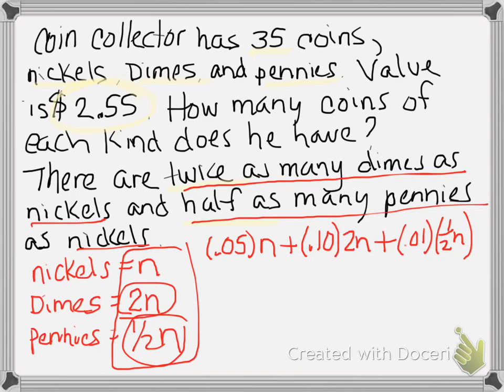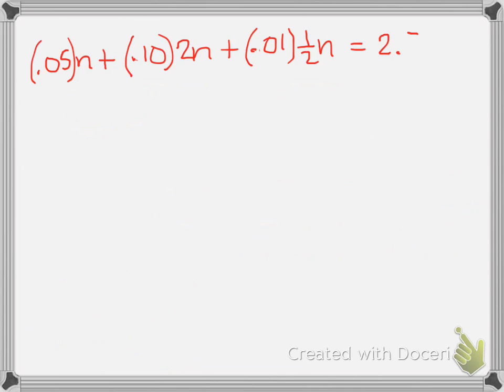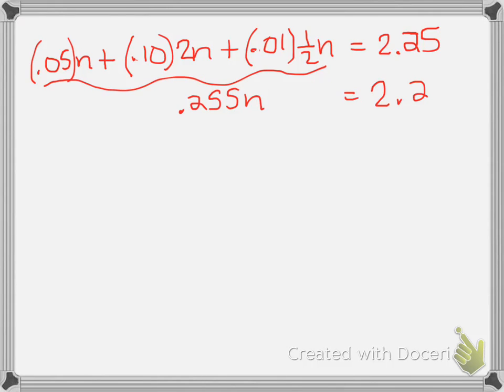Whoops, this was 225. Sorry about that. 225. There we go. Okay, so now I can solve my equation. I can multiply and add all of these. I can combine all of my n's, and you should get 0.255n equals 2.25.